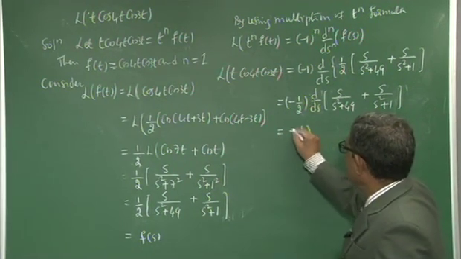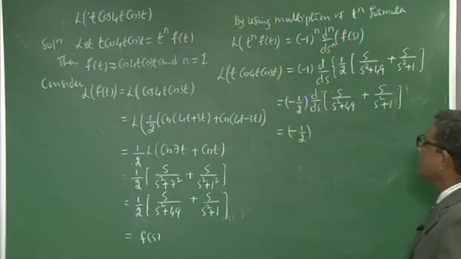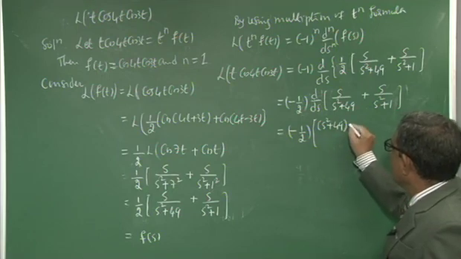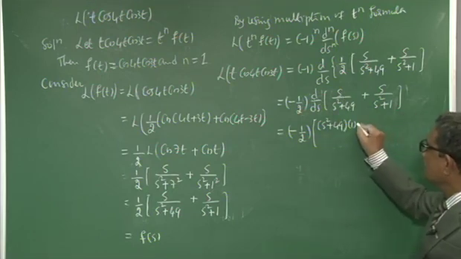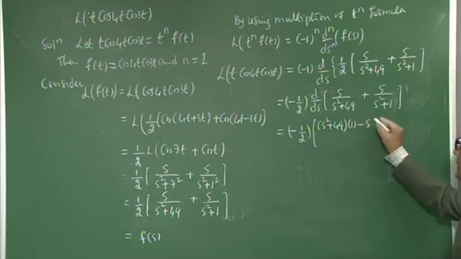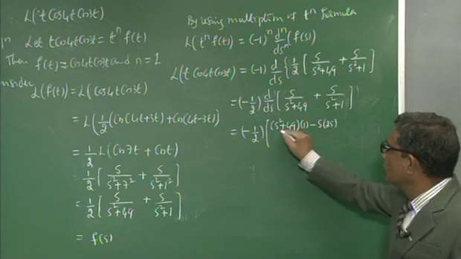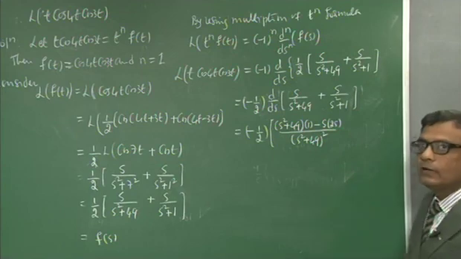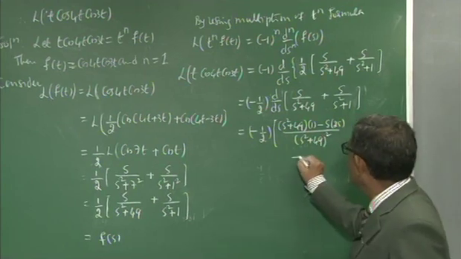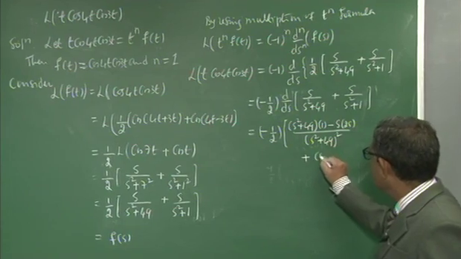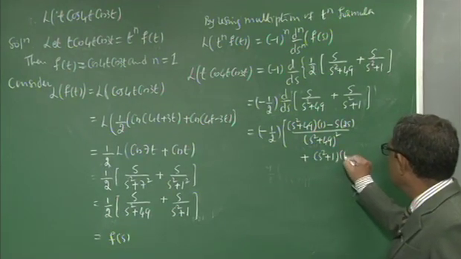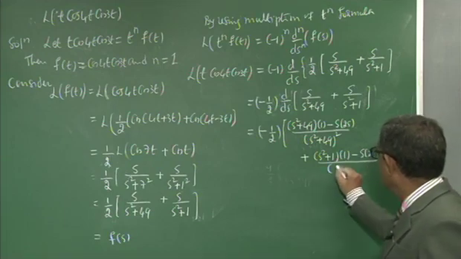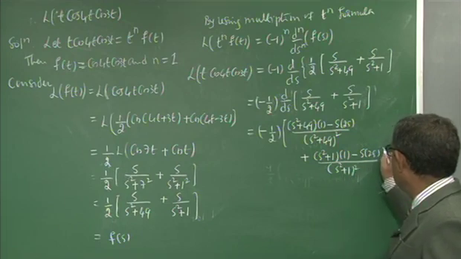Minus 1 by 2, denominator as it is, s square plus 49 into s differentiation is 1, minus s as it is, denominator differentiation 2s, whole divided by s square plus 49 whole square, denominator whole square, plus similarly the second term, s square plus 1 into 1 minus s into 2s divided by s square plus 1 denominator whole square.